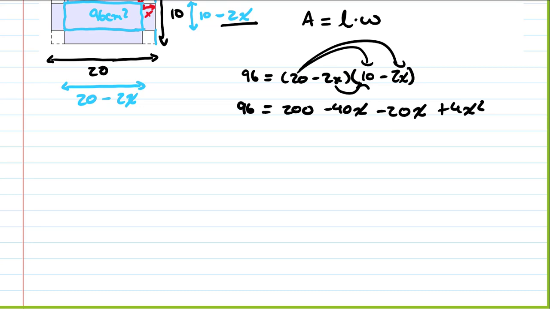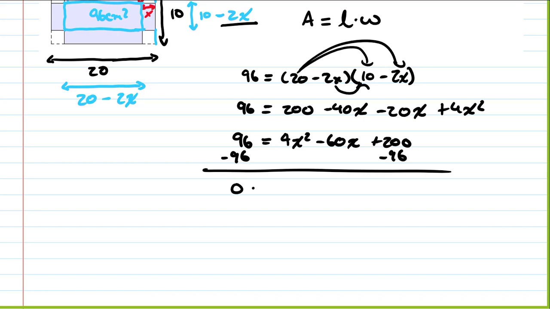Equals 96. Now we collect our like terms. So we get 4x squared minus 60x plus 200. We minus 96 and we get 0 equals 4x squared minus 60x plus 104.